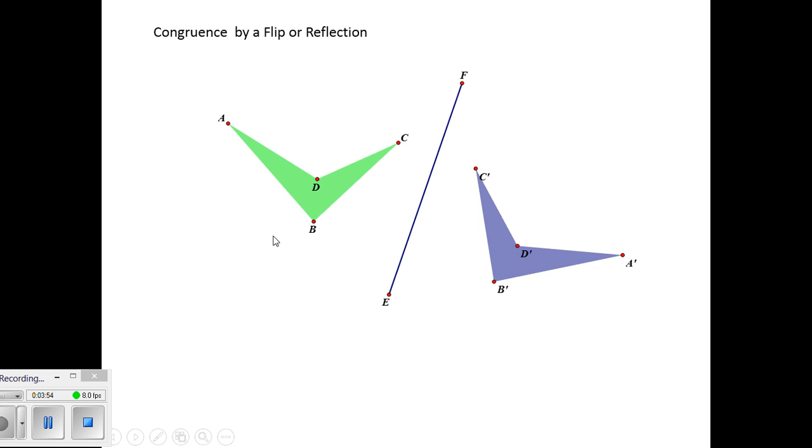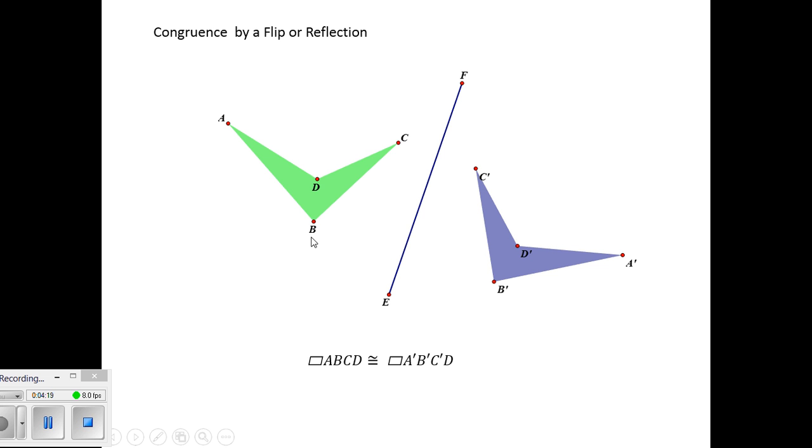There's a flip. Here are two convex polygons. Obviously, they look alike, and they are mirror images of each other across this mirror line EF. So that's a congruence by reflection. Again, which angles match up?